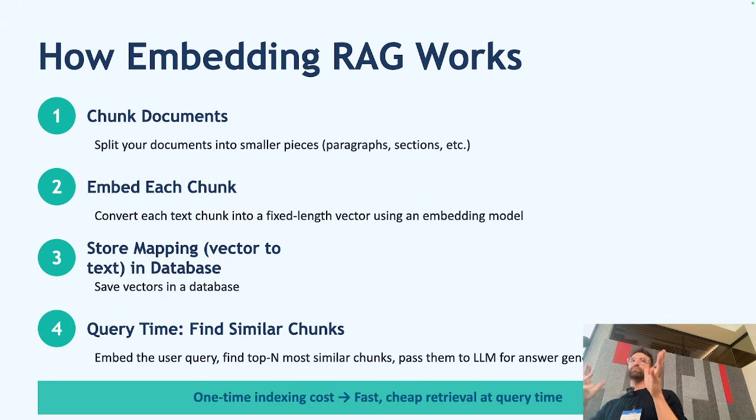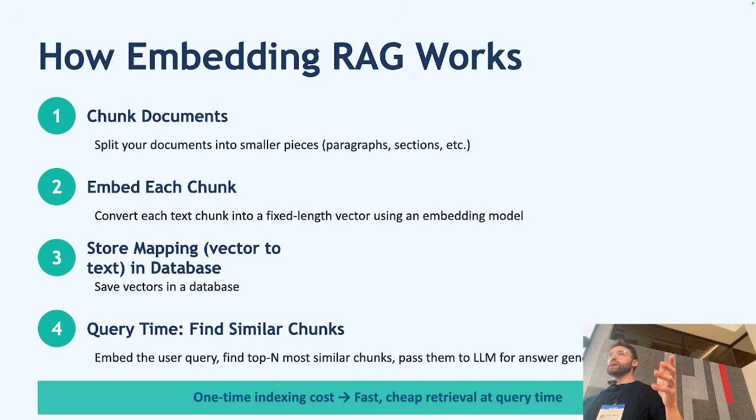You calculate the embedding of their message, and you calculate the cosine similarity from that vector to every vector in your database. Then you sort that and take the top k, usually 5 or 10 examples, and you pray that the answer to the user's question is in the 5 chunks that you return.